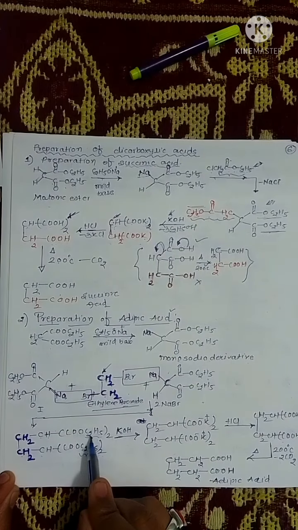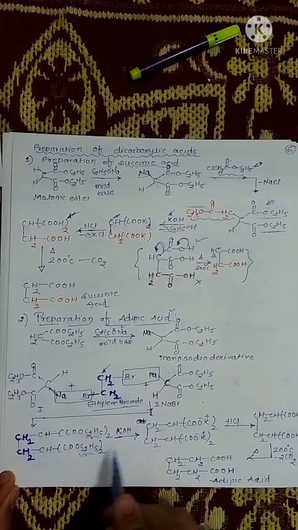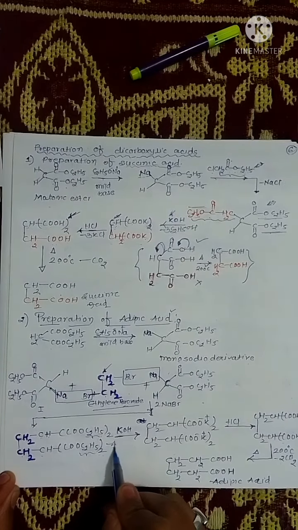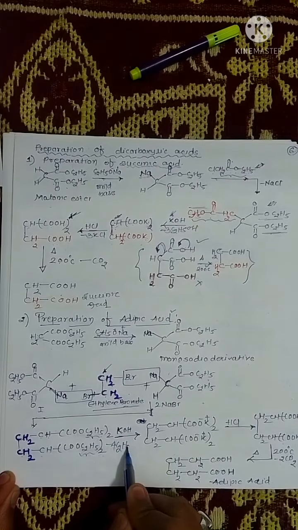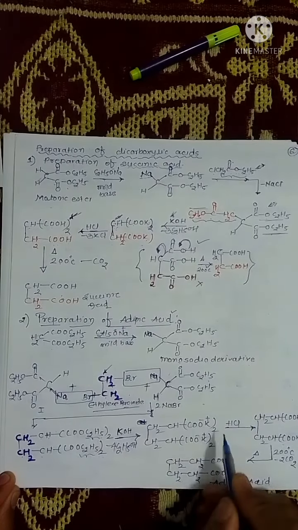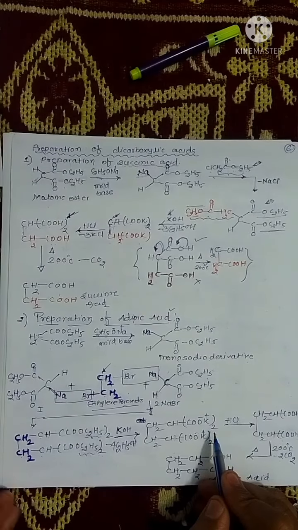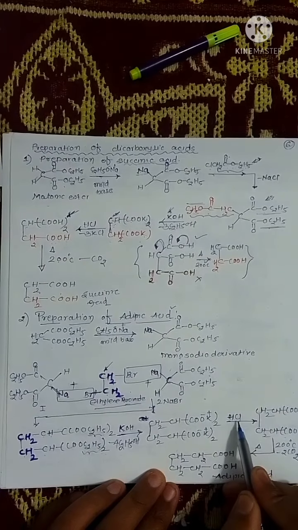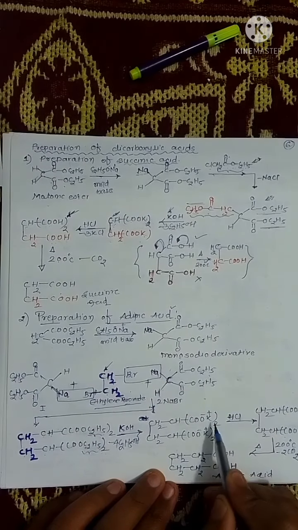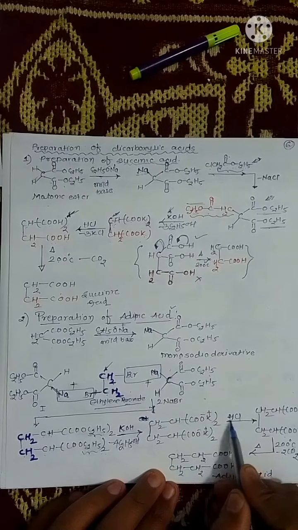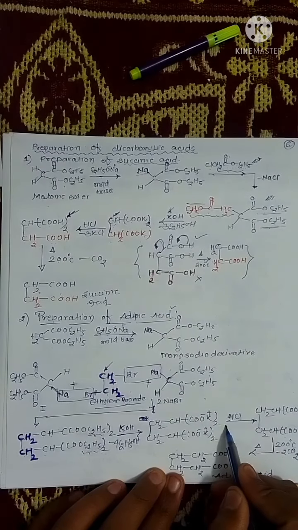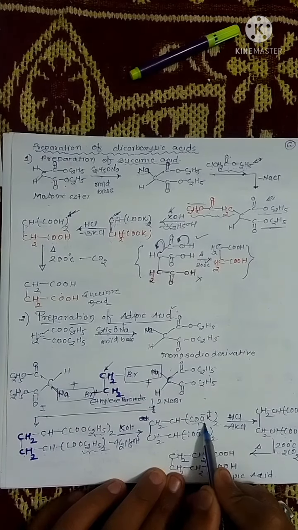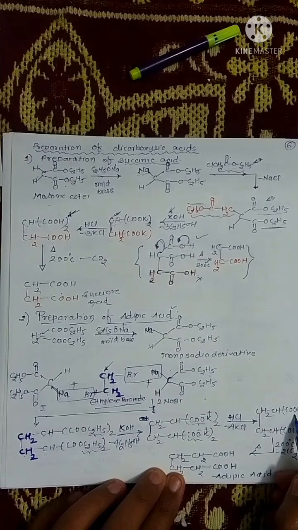Because of that, all these C2H5 get replaced by potassium, and -4 C2H5 goes out. That is, basically we get a salt. Now when we treat this salt with HCl, potassium goes out and H comes here, so -4 KCl, meaning this group is converted into a carboxylic group.